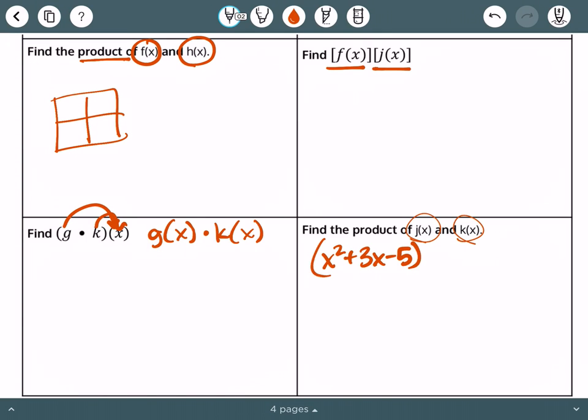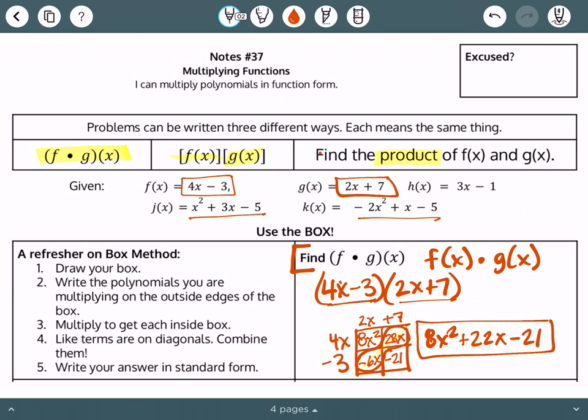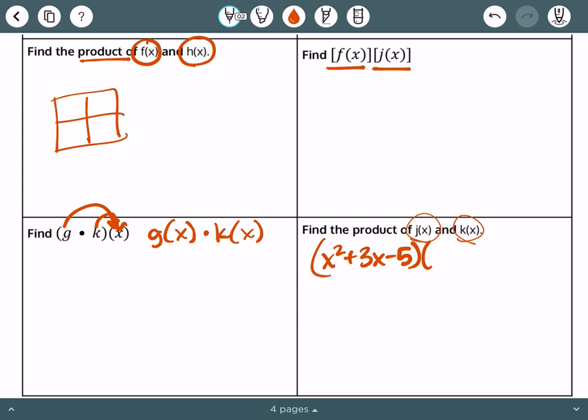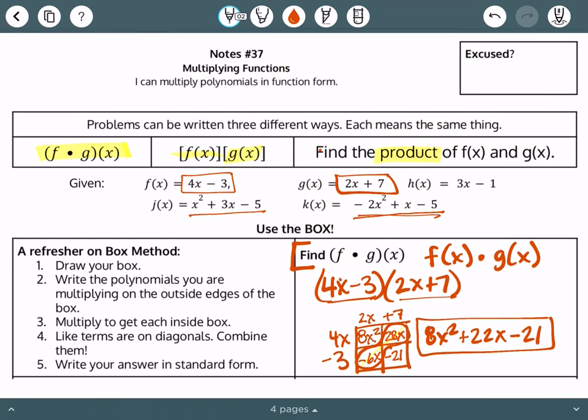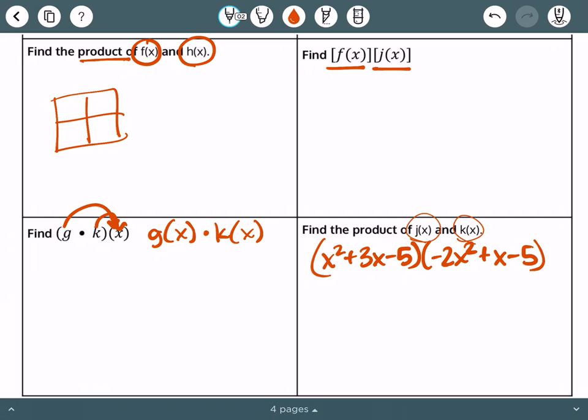Just double check that. It is, and then k is negative 2x squared plus x minus 5. I'm just going to double check one more time. Yep, that looks perfect. So this is a 3 by 3, so I'm going to need a bigger box.